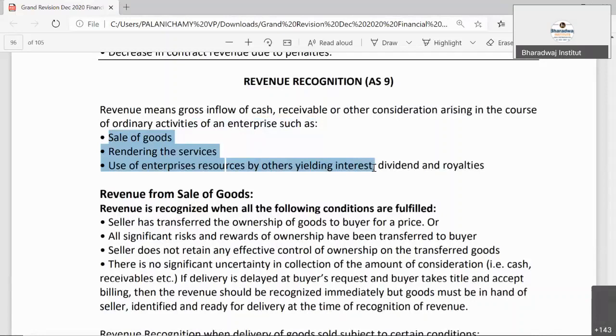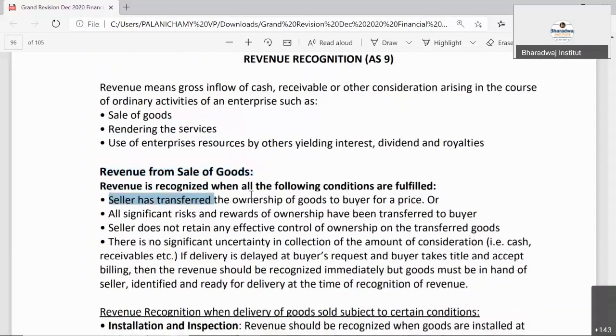In the morning itself we had seen that revenue from sale of goods can be recognized when substantial risks and rewards are transferred to the buyer. The seller has transferred the ownership to the buyer, has no control over the goods, and there is no uncertainty of collection of money. So if the conditions are met, then revenue from sale of goods can be recognized.